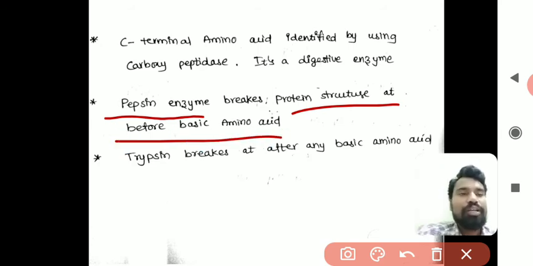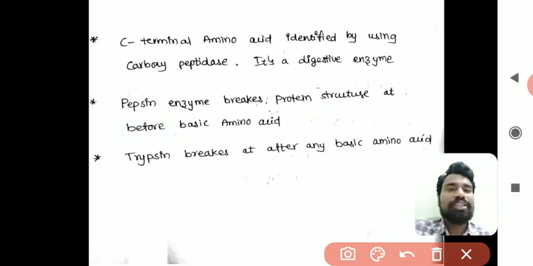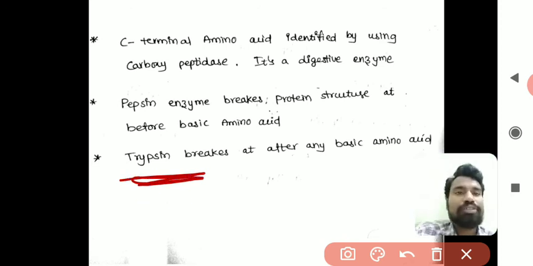In a protein structure, there are n number of amino acids. When we use the pepsin enzyme, it breaks the amino acid sequence before the basic amino acid. Another enzyme is trypsin. Trypsin is also an enzyme which breaks the protein amino acid sequence after any basic amino acid.